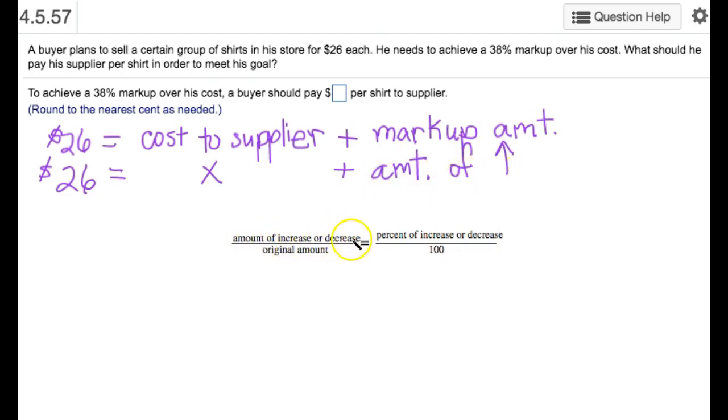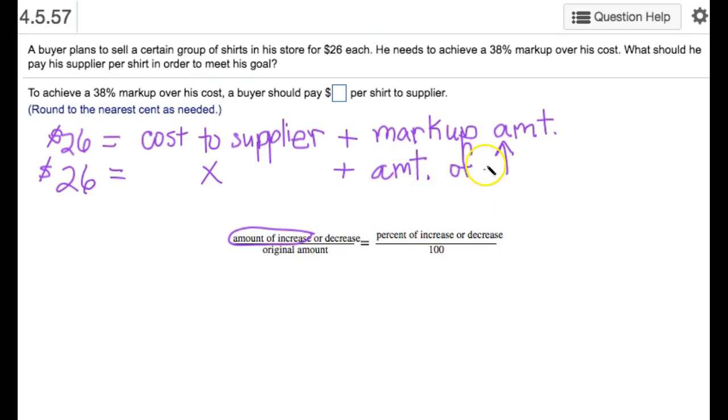See how we're trying to figure out how we could use this formula to help us out? What we want to put here is the amount of increase or decrease. In this case, it's going to be the amount of the increase. How do we represent that with what we have up here? We can put the amount of the increase on one side of the equation and get everything else on the other side.